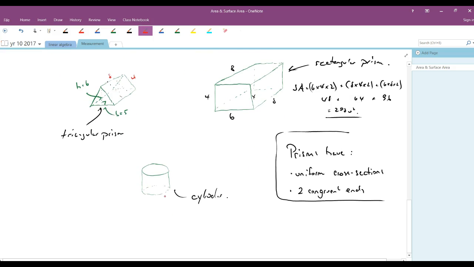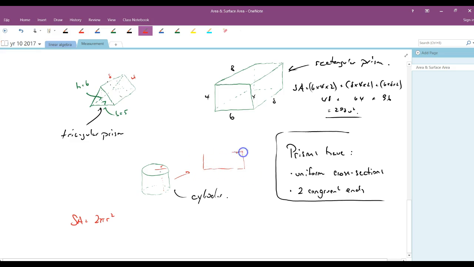Now for the cylinder, the surface area of a cylinder is slightly different. We've got the ends, so if it's a closed cylinder, we've got the 2 pi r squared for the two circles. But this curved surface area here, if you can imagine slicing this can and opening it out, what we'd end up with would be a rectangle.